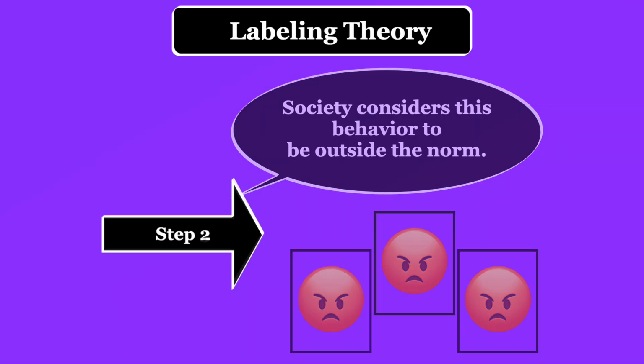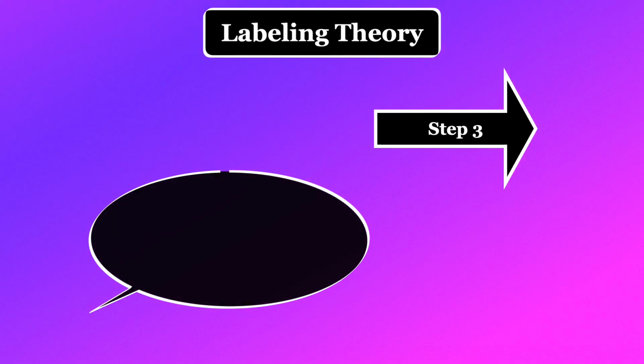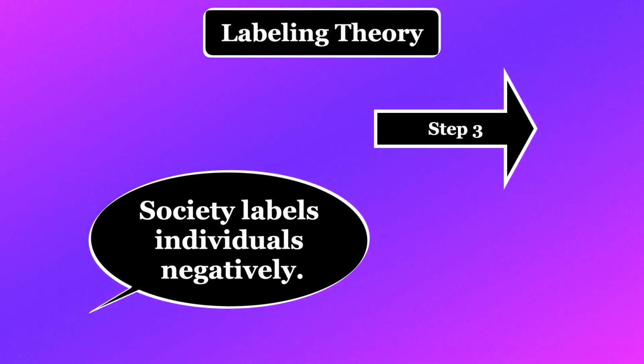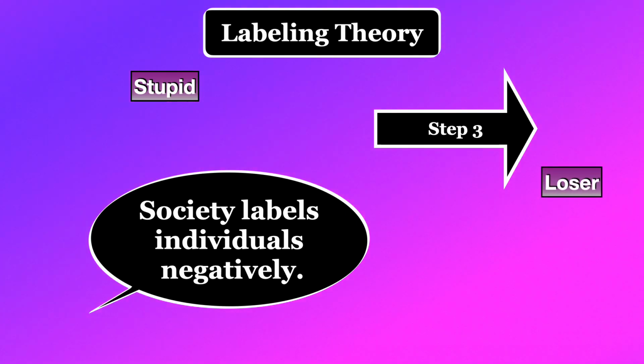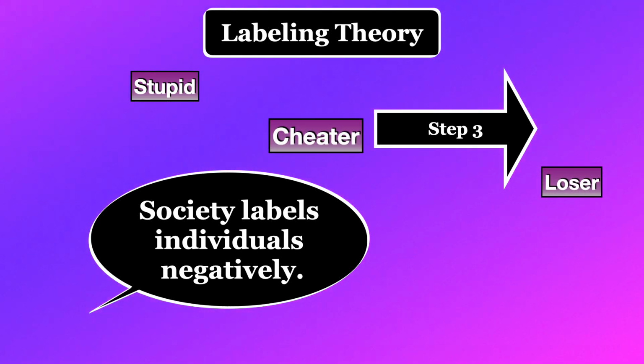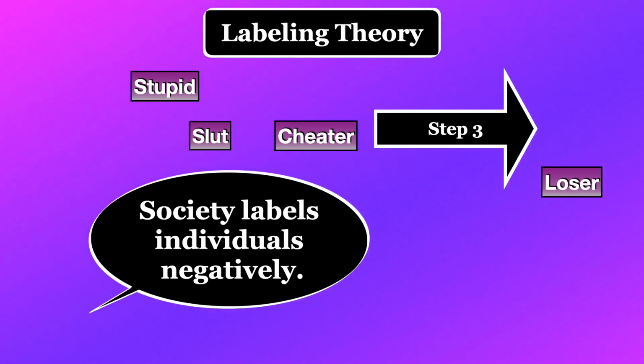And then the third step is the labeling itself, where society labels this individual negatively as a result of that initial primary deviance. And here are some examples of possible labels.